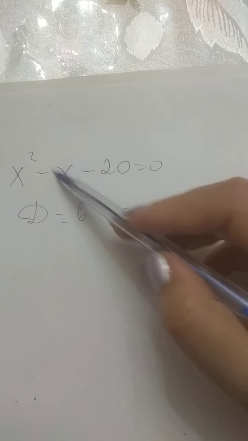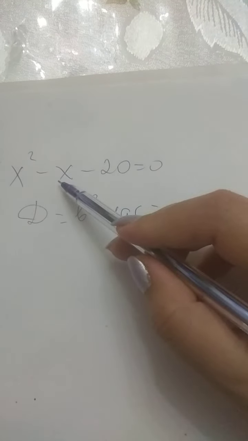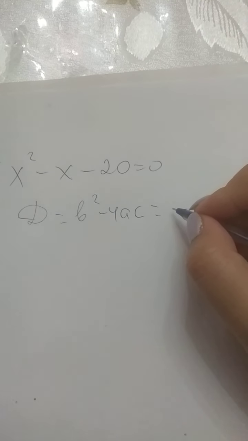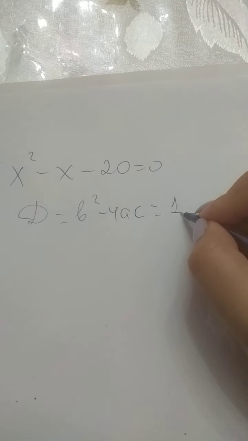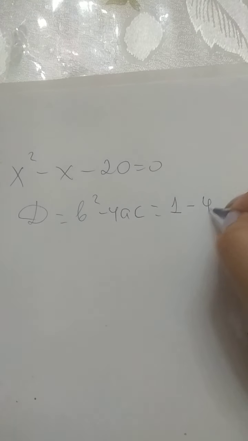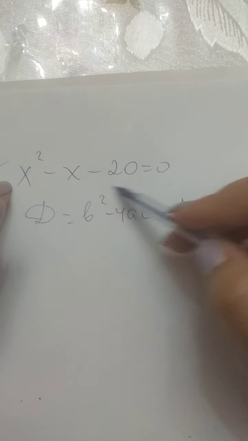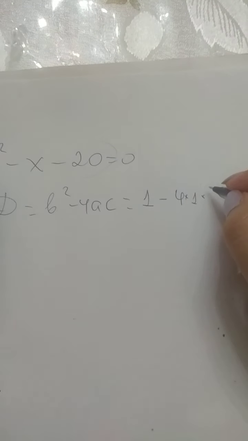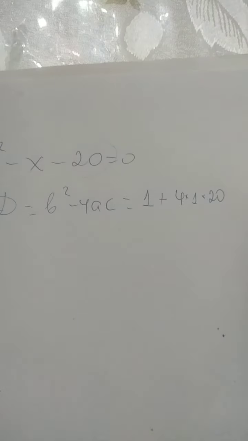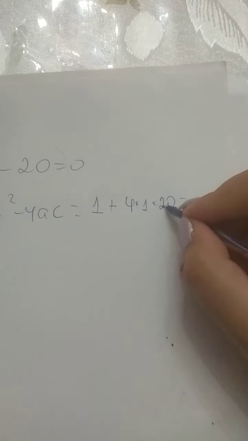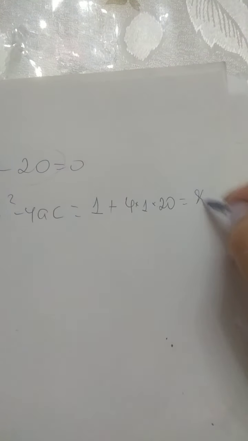Look here, b is negative 1, because if there is no number, it means 1. So negative 1 squared is positive 1, minus 4 multiplied by a, the coefficient of x squared, which is again positive 1, multiplied by c, the last one, which is negative 20. If I write negative 20 here, negative with that one becomes positive. So 80 plus 1 is 81.